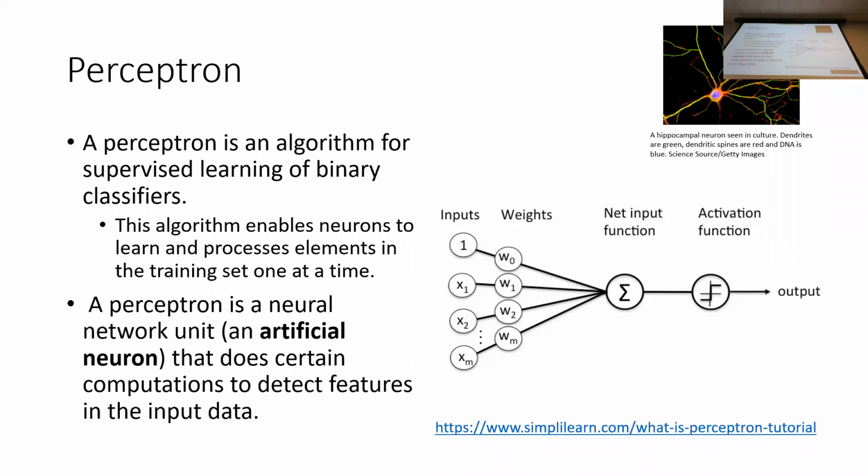I want the output to be -1. So what I will do is take this data V times W, this weight parameter.